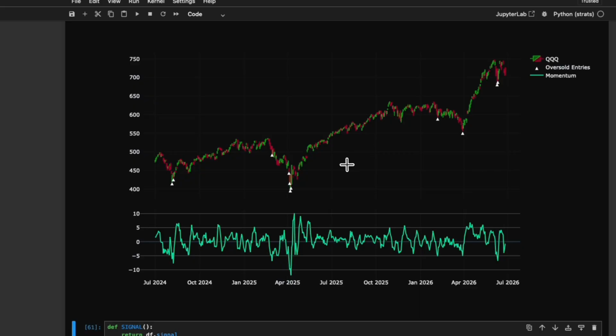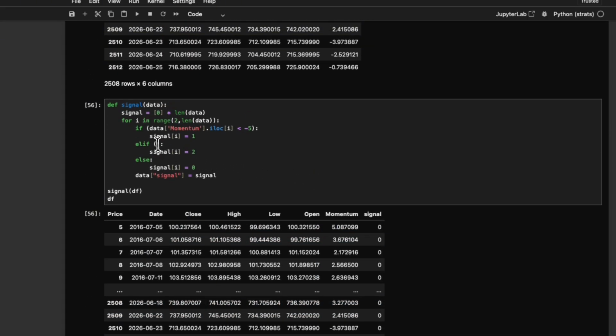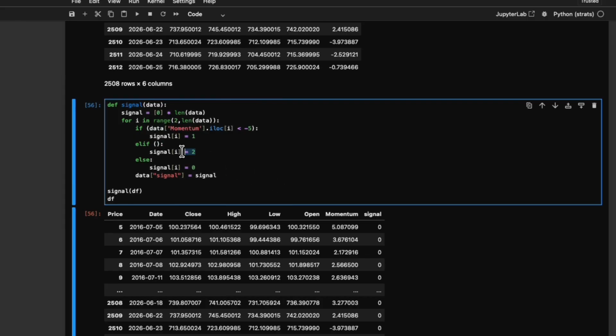And so we're looking at to pick out points where we've turned lower and then started to turn back up. So to do that, straightforward, all we're going to be looking at is times where the momentum line was negative and then moved above zero, so turned positive. Then we're going to create another data point. We'll keep it as 2. Normally I use that for sell signals, but in this case, we're going to have this as our new type of long.